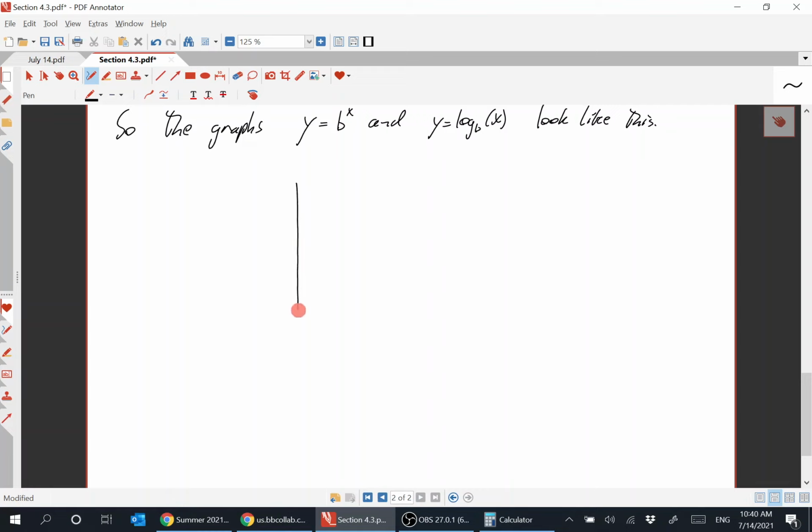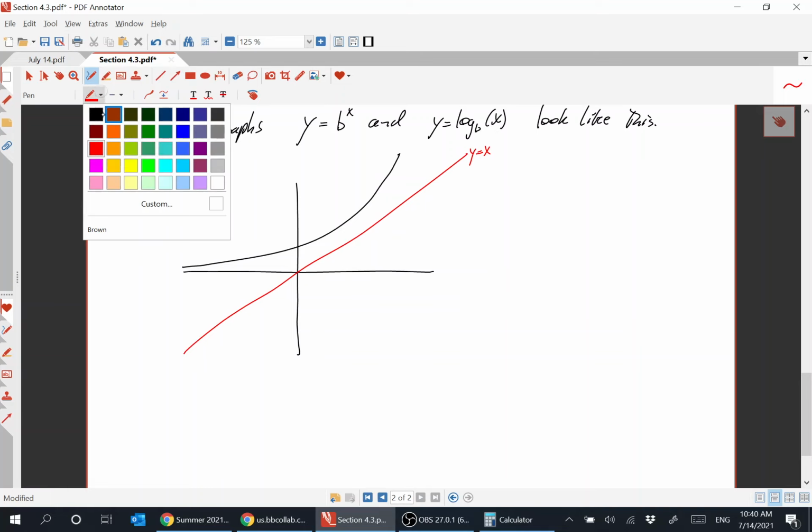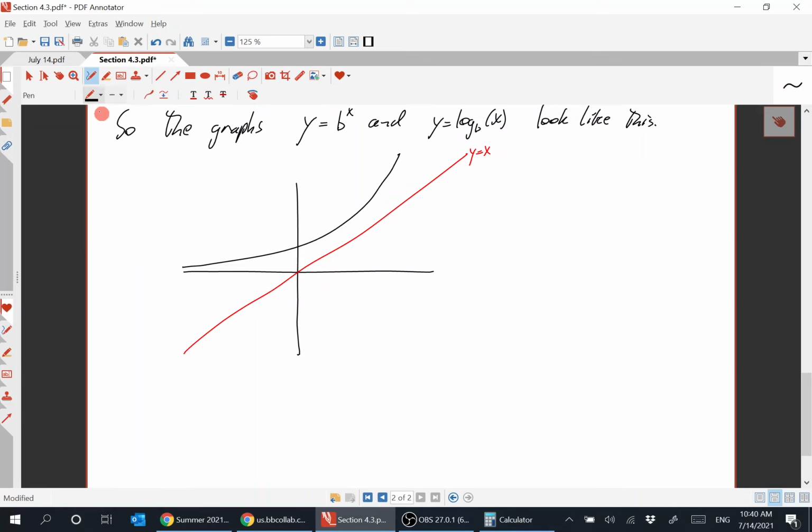So the exponential function, we've been talking about how it looks like that. Here is the line y equals x. Remember, this is y equals b to the x.